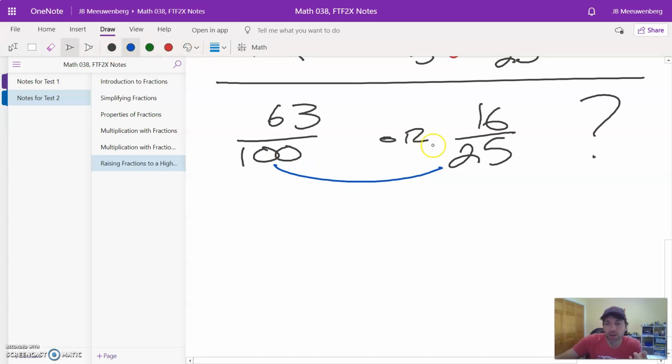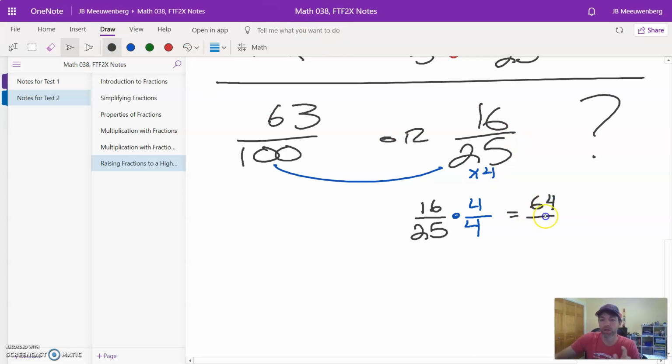And I can by multiplying this one by 4. So if we take 16 25ths and we multiply it by 4/4, remember it's just multiplying it by 1, so we're not changing the value. What we get is 64 100ths.